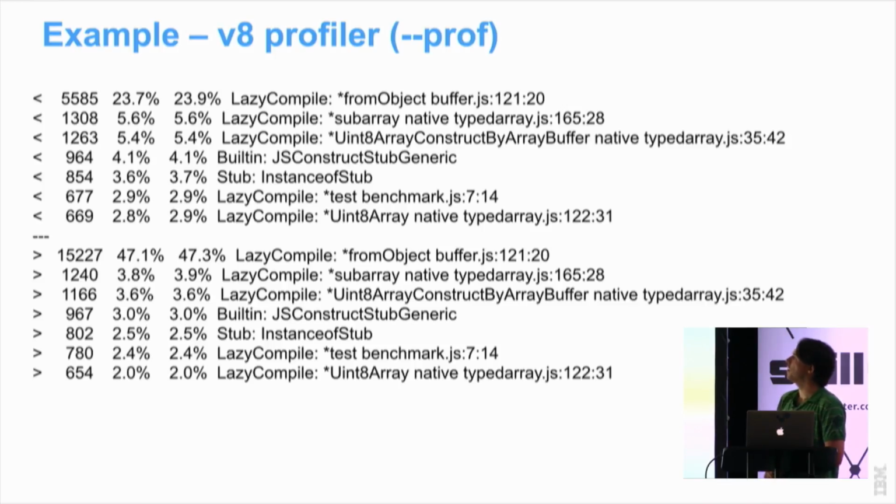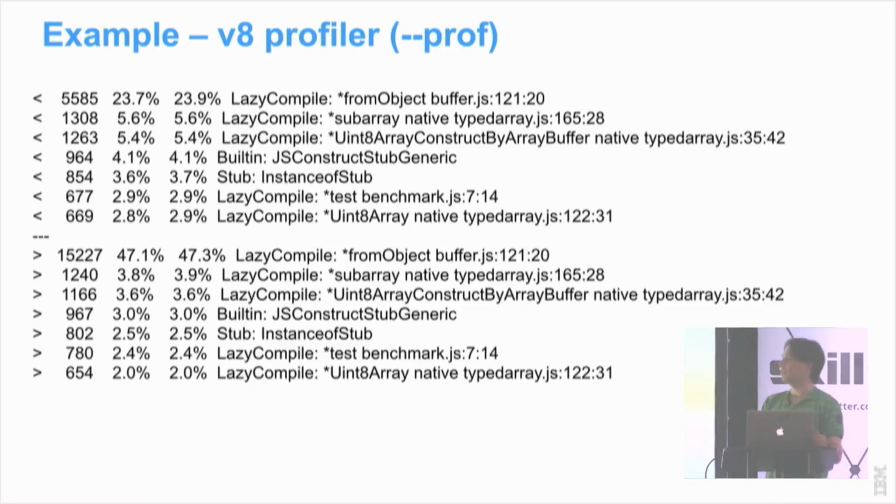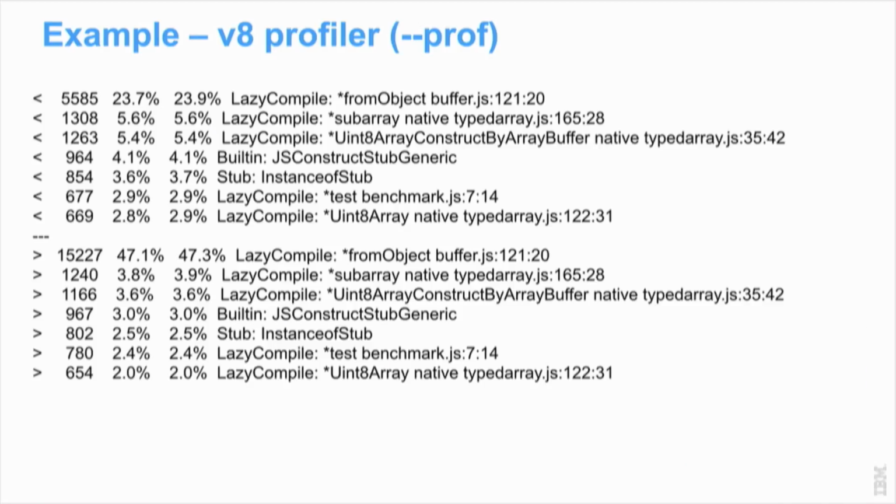We can see that about 23.9% of the ticks are happening in this lazy compile. When we go to Node 4.4, that jumps up to 47%. So that's certainly something worth looking at. The lazy compile is part of the compilation, so it's not necessarily a regression in from object, it's the compilation that's taking a lot of the ticks.